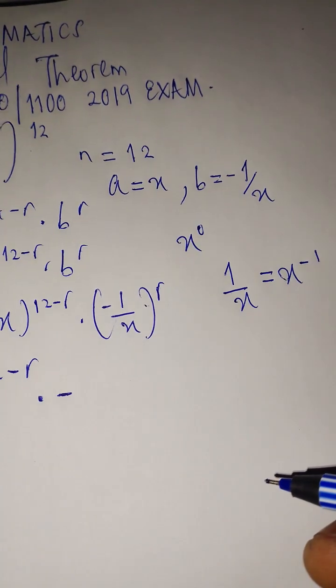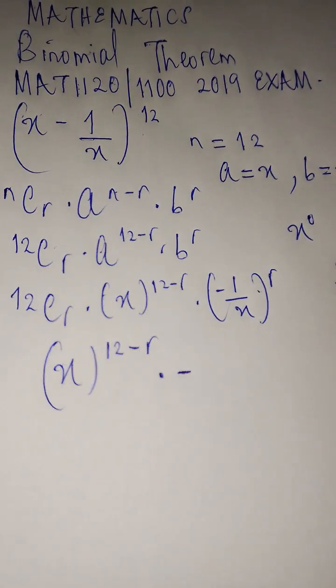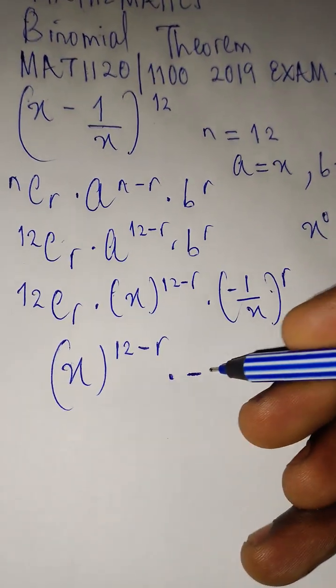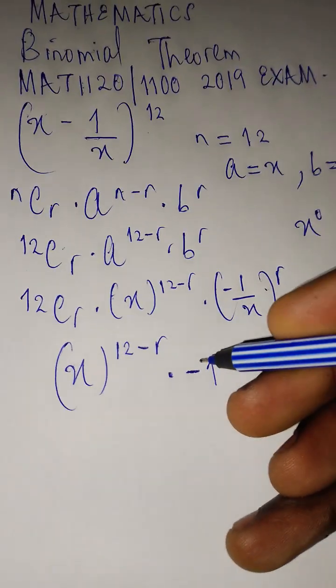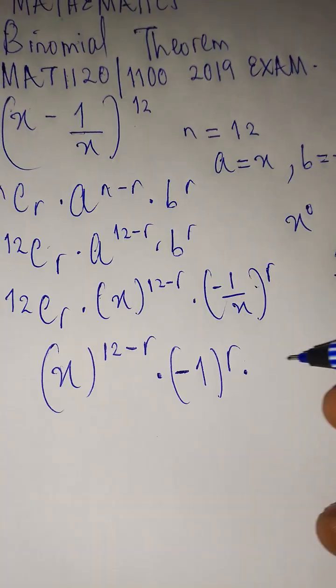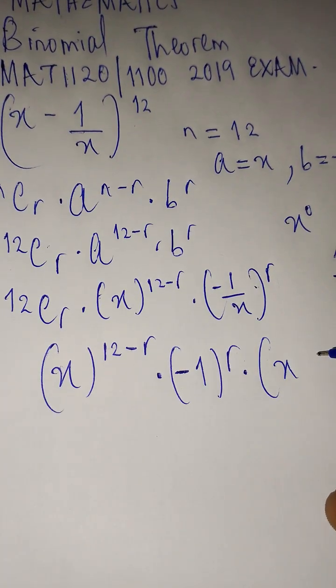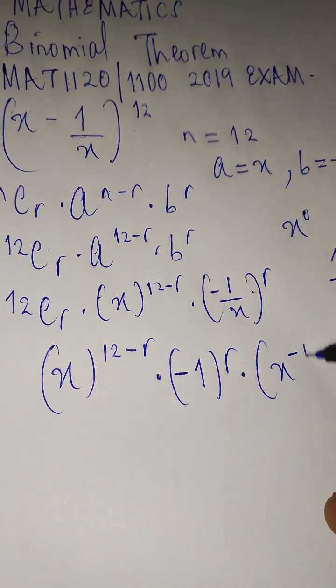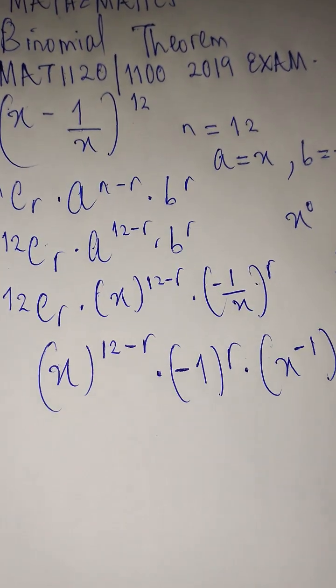So we apply that on this expression. We're going to say negative 1 raised to the power r, then multiplied by x raised to the power negative 1, also multiplied by r.